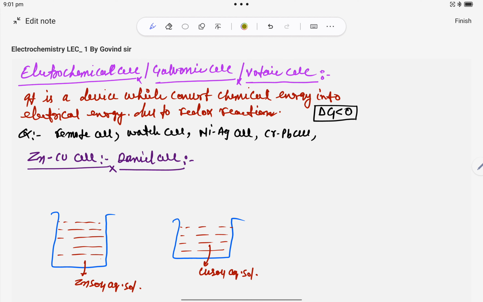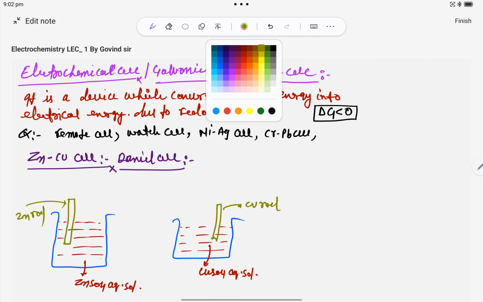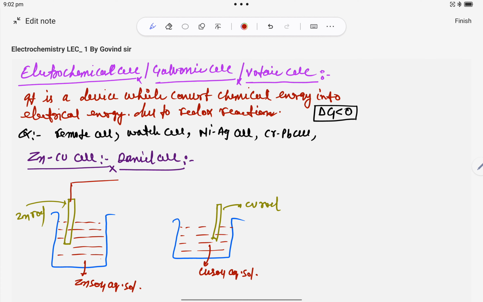Then we have to place a zinc rod in the zinc container, and a copper rod in the CuSO4 container. Attach these with a wire connected with a voltmeter or ammeter to notice the flow and direction of current. So that is the setup, children. It is not complete. I will explain the process first.